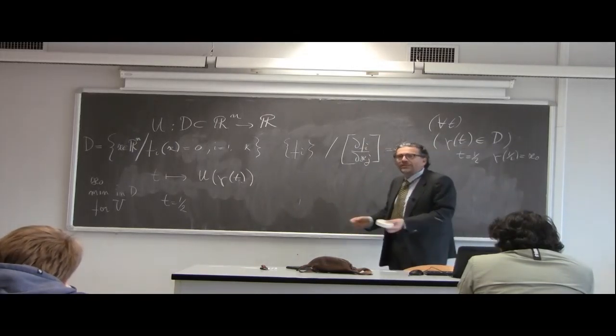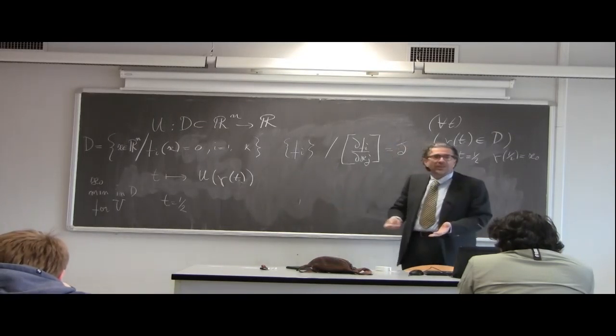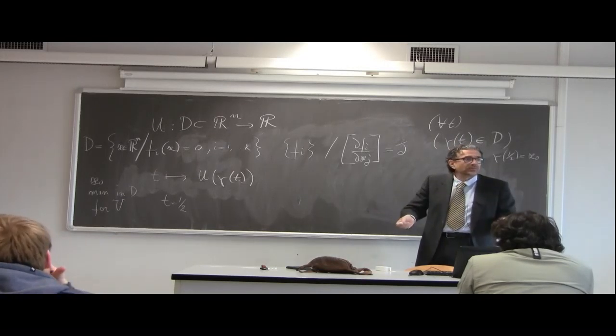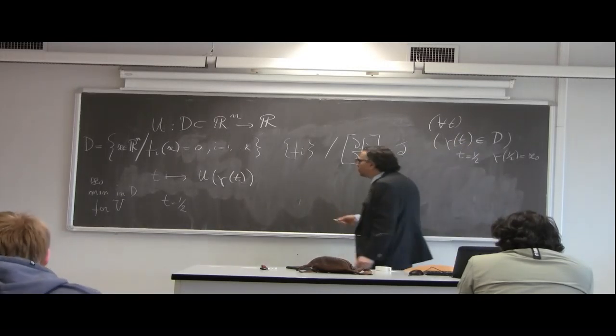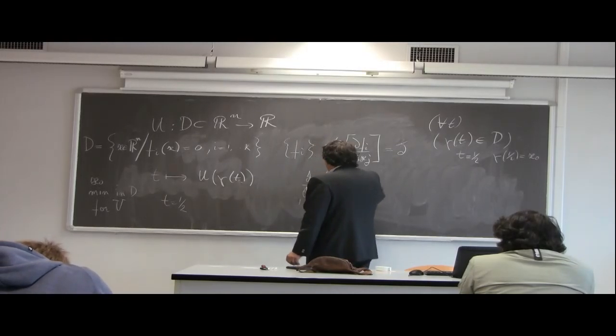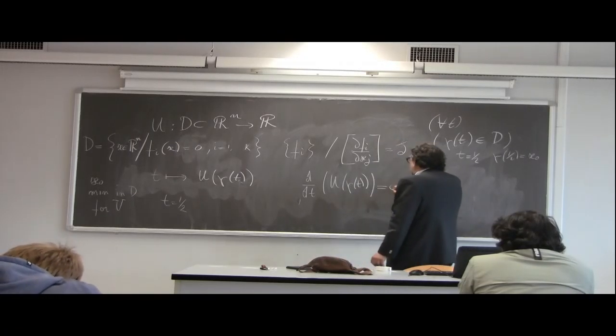We can calculate the derivative of this composed function, because this derivative has to be 0. So the total derivative of u of gamma t is equal to 0.